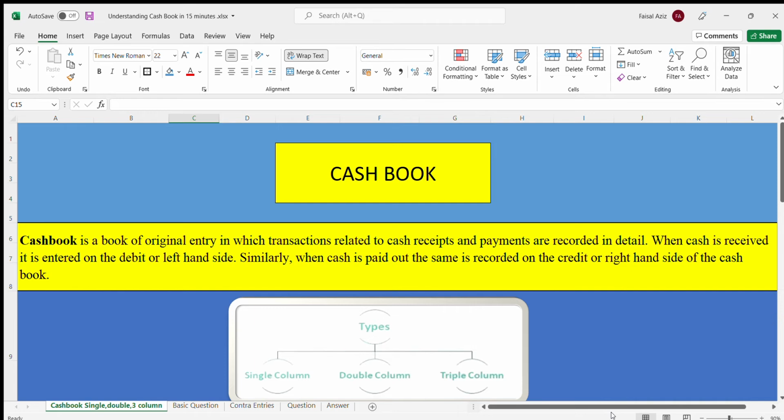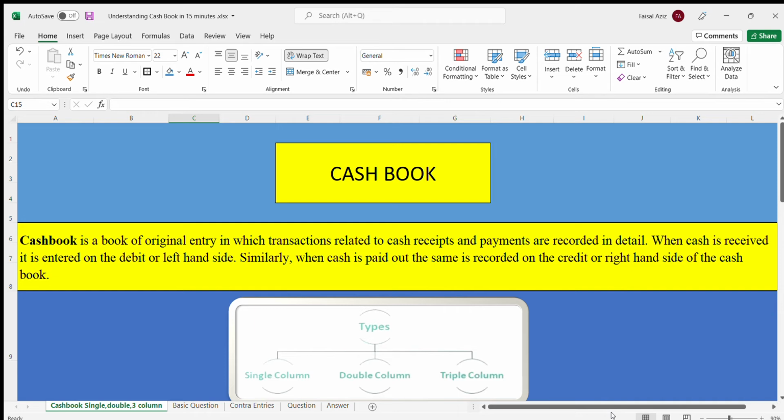The left hand side we use to record cash receipts, and the right hand side of a cash book we use to record cash payments. Generally, businesses are involved in cash receipts and cash payment related activities, including dealings with banks and discount related transactions.